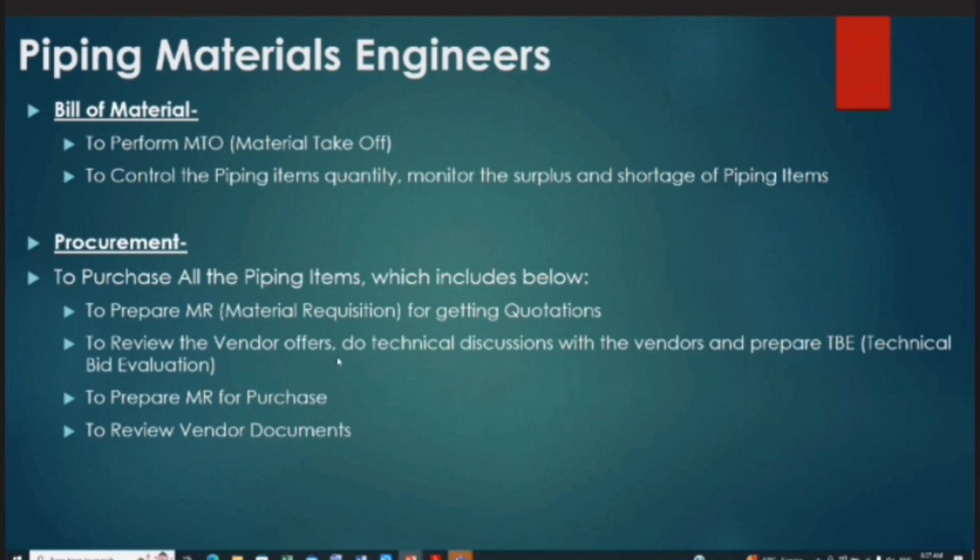Then as I told you, there will be some deviations. Every time the vendor will not give what we want, because the vendor also has his own standards. So in such cases, we have to do technical discussions with the vendors. And at the end, we will prepare one document which is called a TBE. So as I told you, when you want to buy a mobile, you will not go to a single shop. Let's say you will go to 5 different shops.